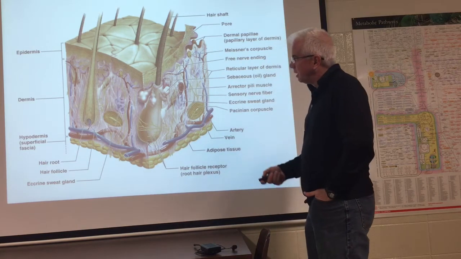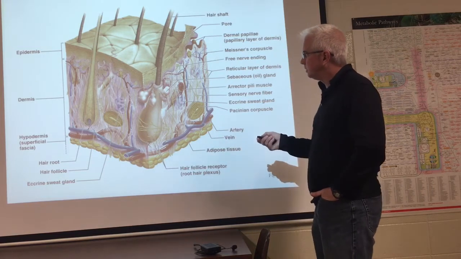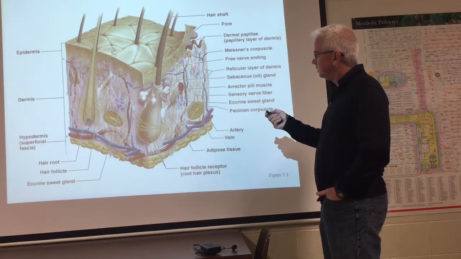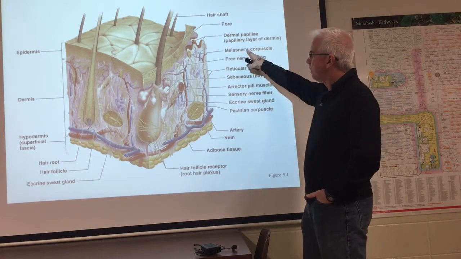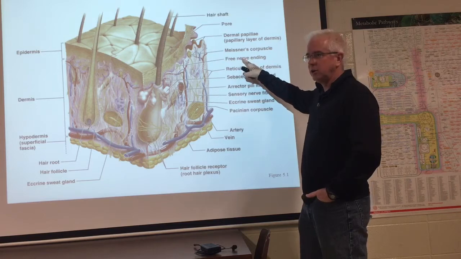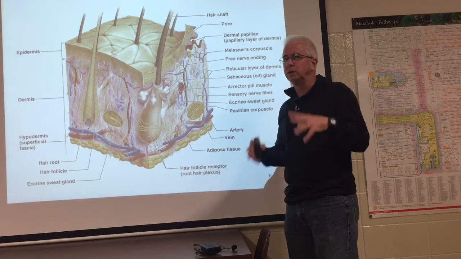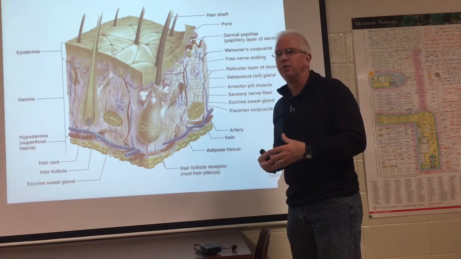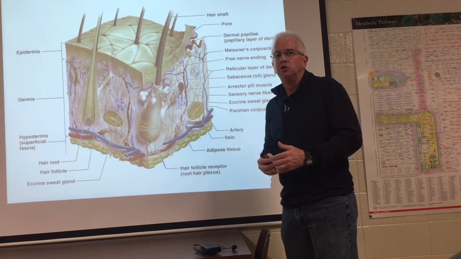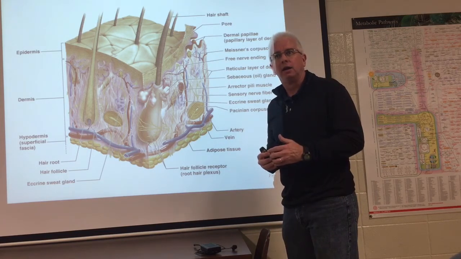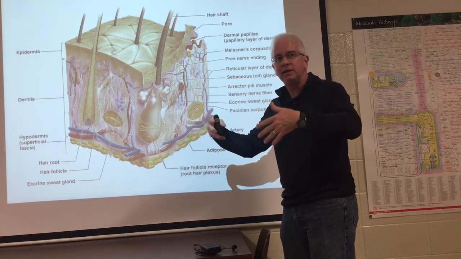For example, within the dermis we're going to have several different varieties. You can see a Pacinian corpuscle here, a Meissner's corpuscle here, a free nerve ending here. We have several different varieties of sensory capacity within the dermis. Doesn't it make sense now to build the outline of that? Let's make the outline in our minds right now, so as we get to it later, I can fill in the details.